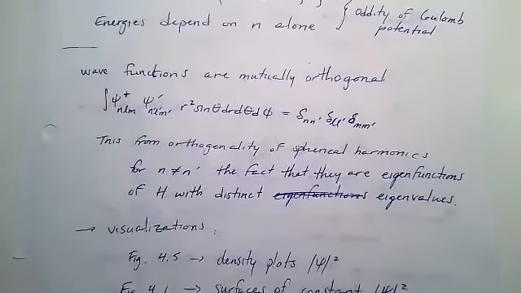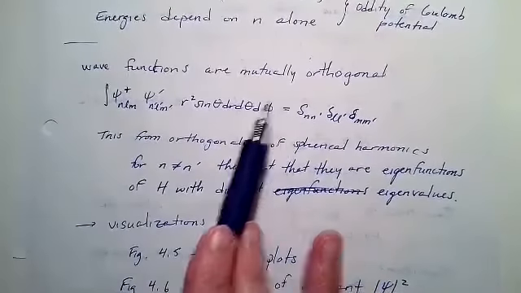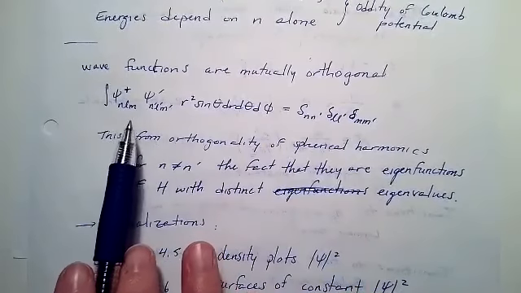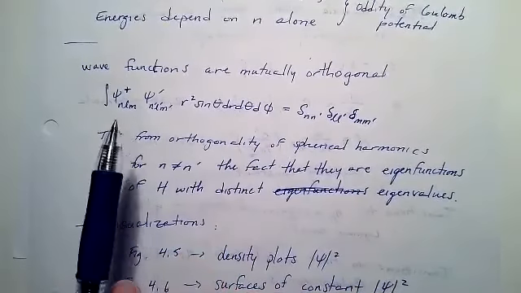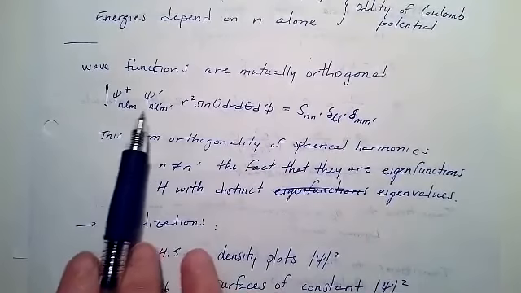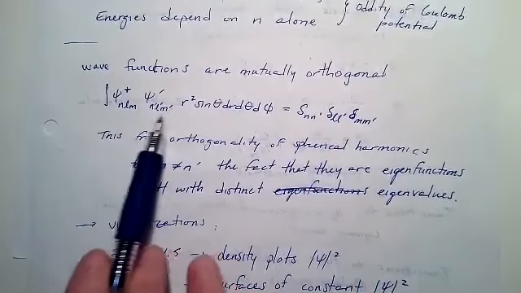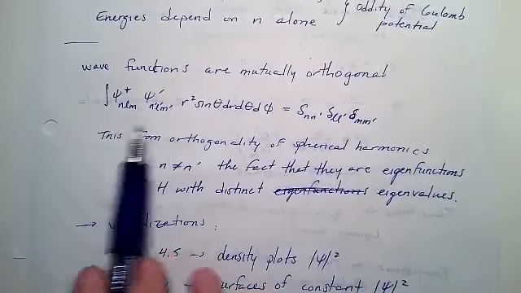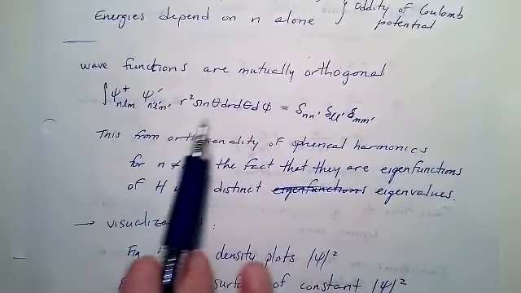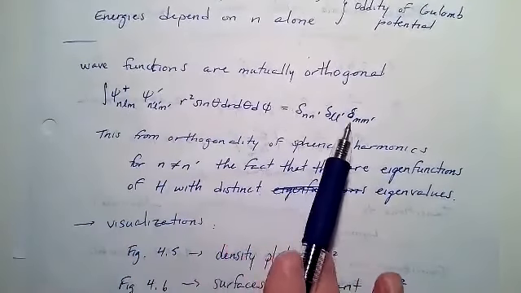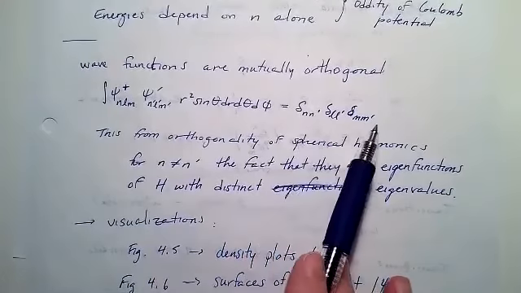Now your wave functions are mutually orthogonal. So you can check this, that if you take n, l, and m's that are different from each other and do this check, you will get the Dirac delta for all of them.